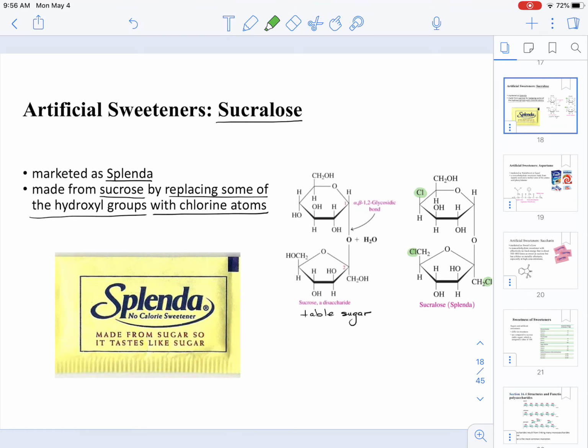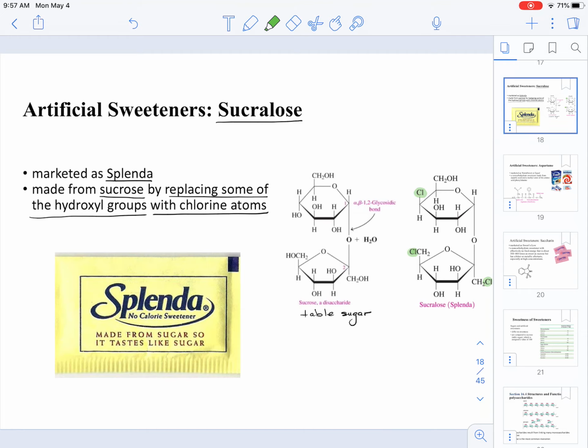So Splenda is one of those things that is actually utilized often, and now we have products in which Splenda can be used for baking. Splenda can be used just for normal sweeteners, but the use of Splenda has not been studied in humans yet.